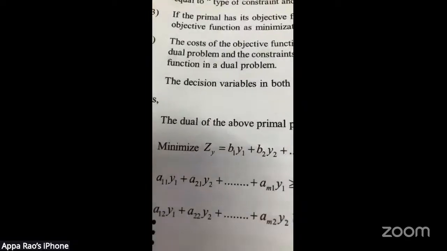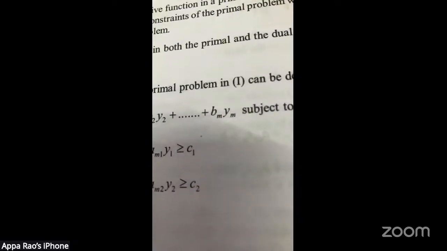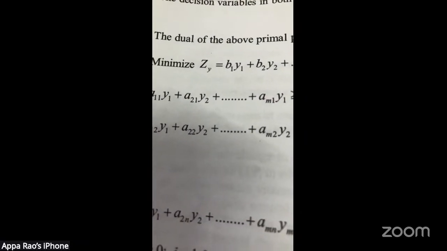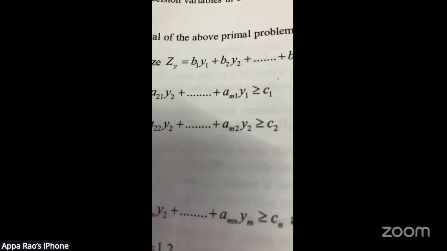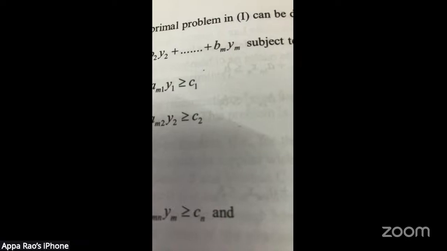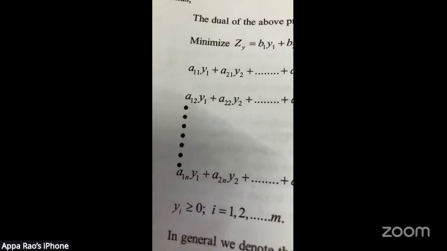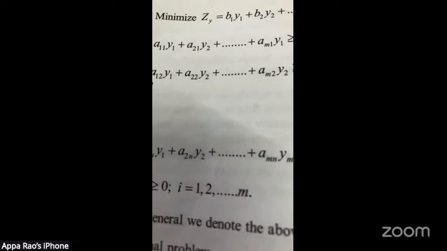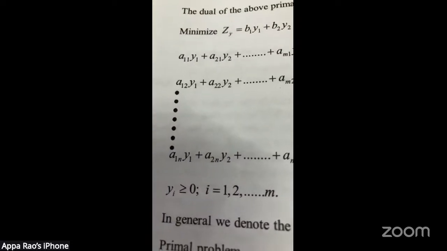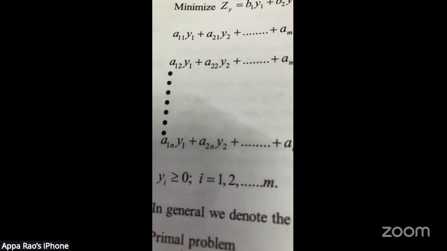Thus, the dual of the above problem can be denoted by minimize z of y equal to b1 y1 plus b2 y2 plus so on bm ym, subject to a11 y1 plus a21 y2 plus so on plus am1 ym greater than or equal to c1.